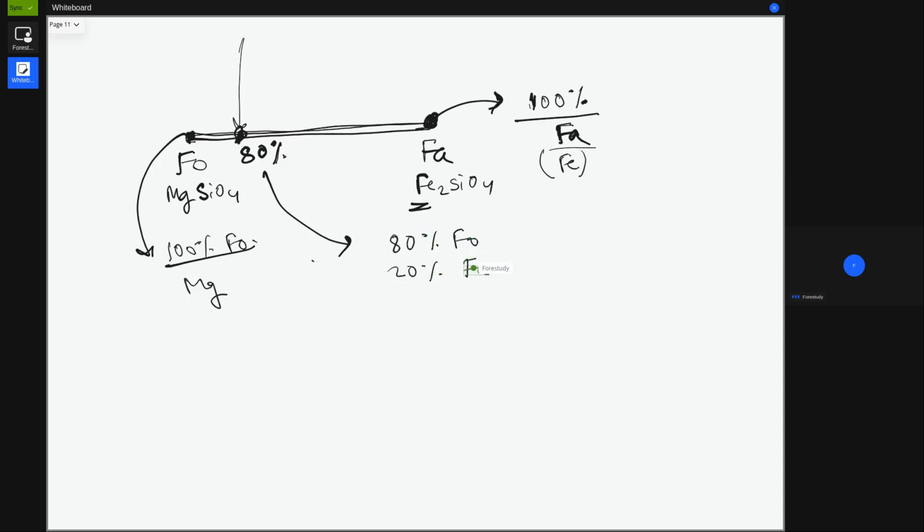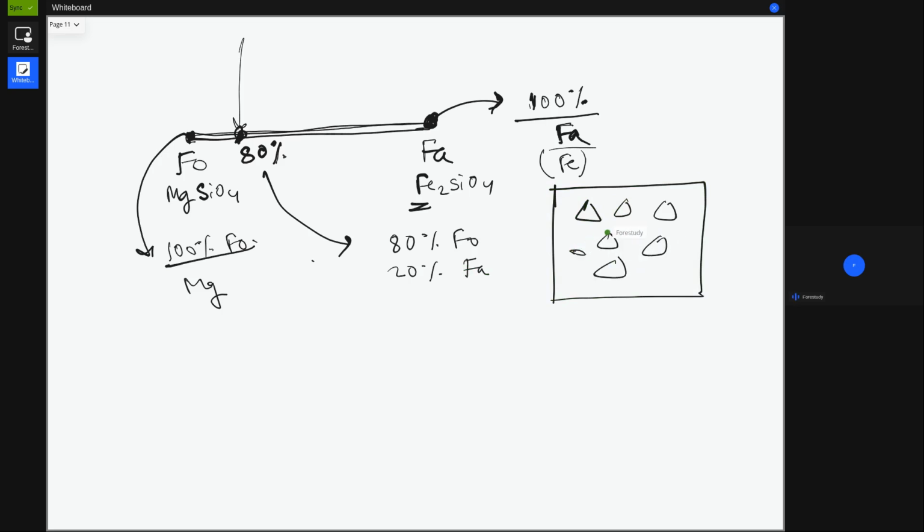In this rock we will have tetrahedra and then cations, where 80% will be Forsterite having Mg2+, and 20% will be Fe2+. Very simple to understand.